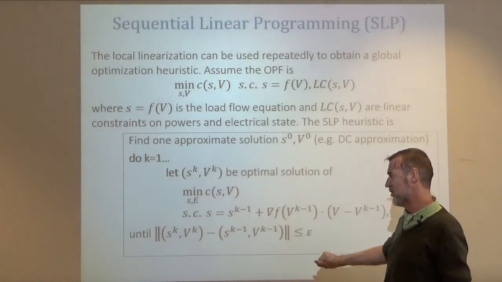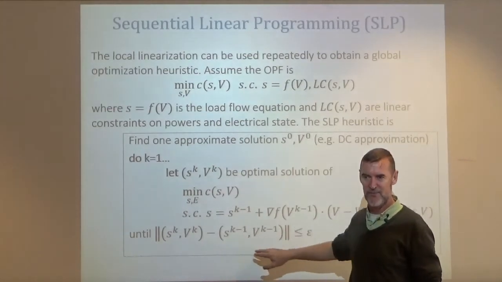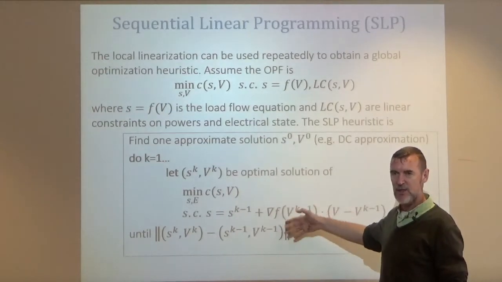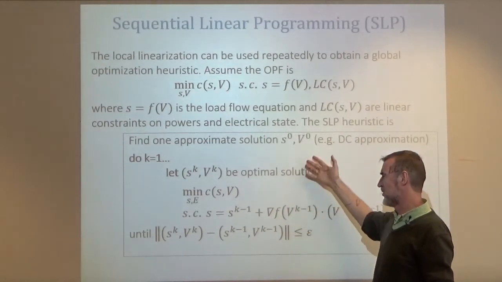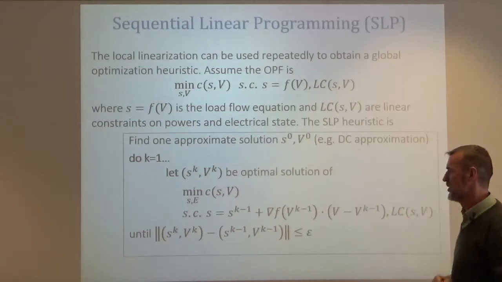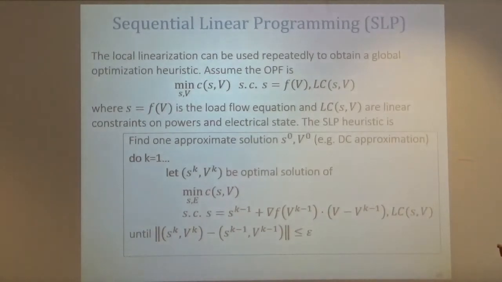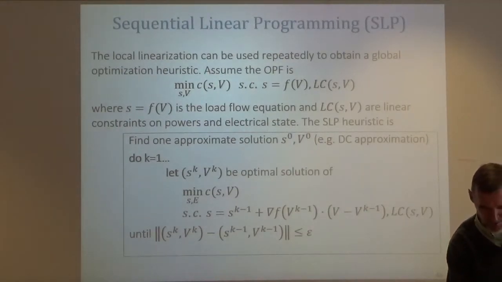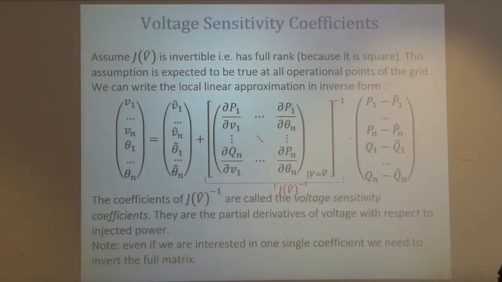Now you cross your fingers and you hope that this will converge, that the thing will work well. In practice, for the distribution networks and the kind of OPF problems that we do, people have found that it works, at least it's used routinely. And this has a name, it's called sequential linear programming. Sometimes this is associated with a terminology called the voltage sensitivity coefficient.